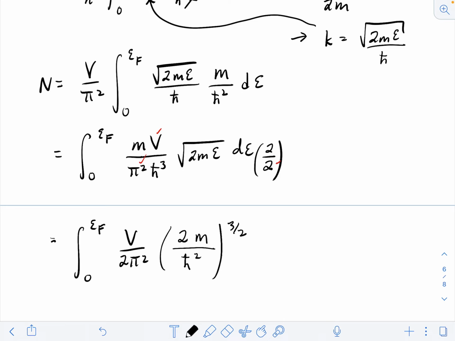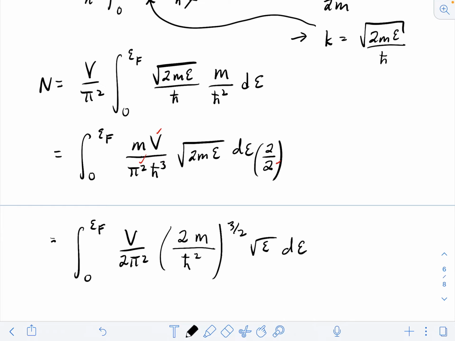And if I raise this to the 3/2 power, that should be correct, because then we have 3 factors of root 2, 3 factors of root m, and then 3 factors of h bar. Okay, and then we still have a root epsilon and a d epsilon.